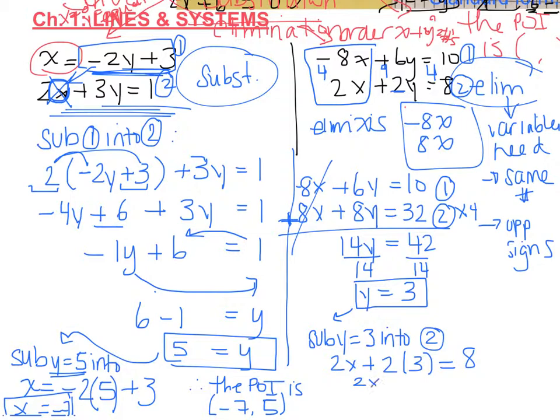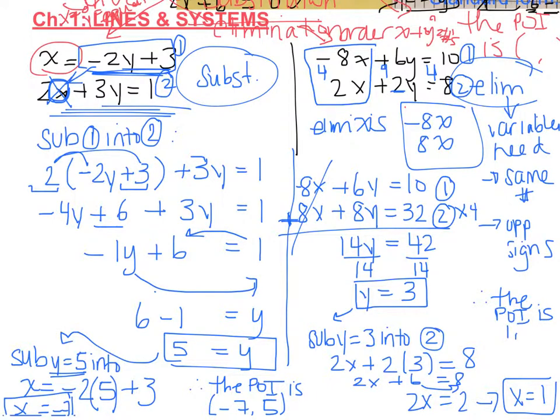So 2x plus 6 is equal to 8. I'm going to move the 6 over. 8 take away the 6 is going to equal 2. So x is equal to 1. That's my x coordinate of the POI. So therefore the POI is 1, 3.